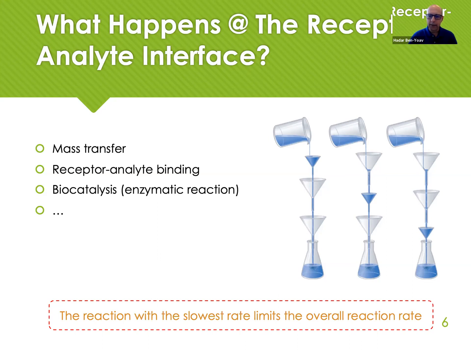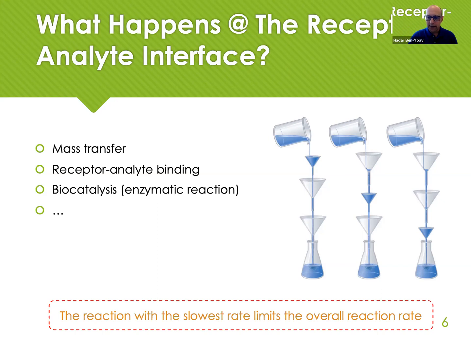For example, if we look at this scheme of different funnels, and we pour the same amount of water, but we have a small funnel here and two big ones, the rate that the bottle will fill with water will depend on the rate that the water goes out from this funnel and not from the other ones. Makes sense? This one is going much slower than these.